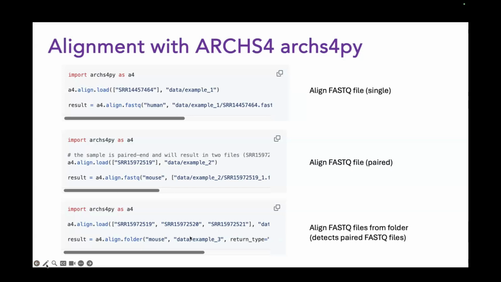This is also fairly clever because it can identify if samples are paired or not, and it's not even based on the file name. It looks into the files and identifies the matching reads by the read IDs. So it's a very convenient way of aligning a whole bunch of samples.